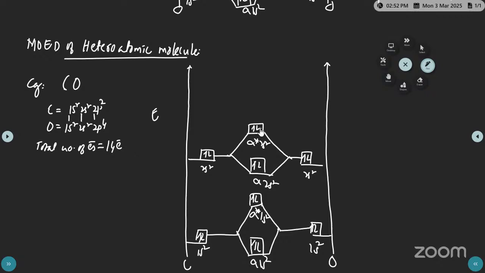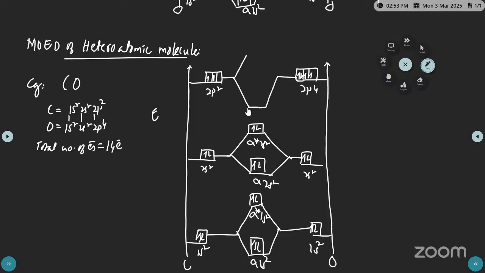Next, this is carbon and this is oxygen, here 2p2 and here 2p4, 2 electrons and 4 electrons.